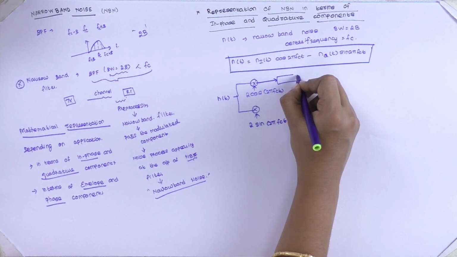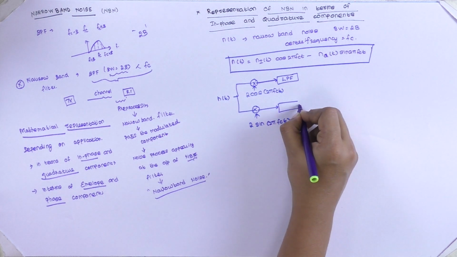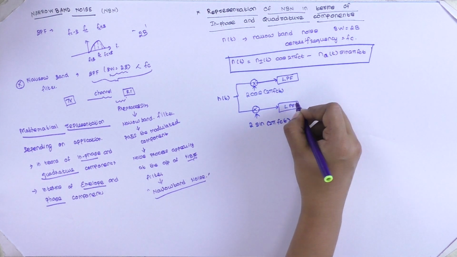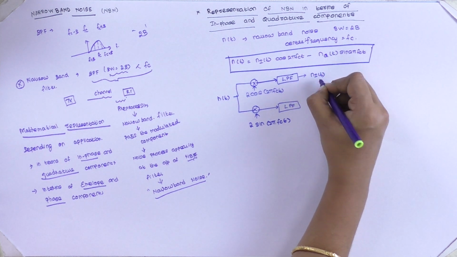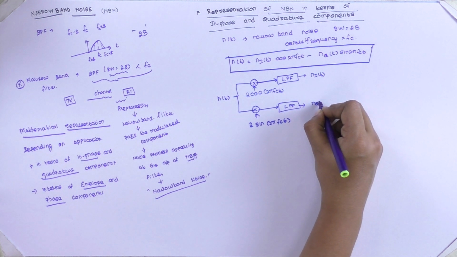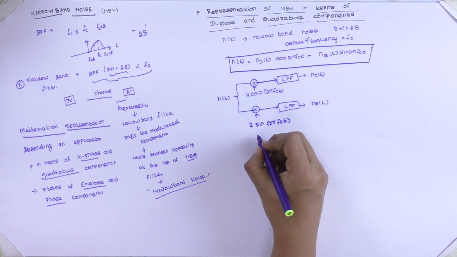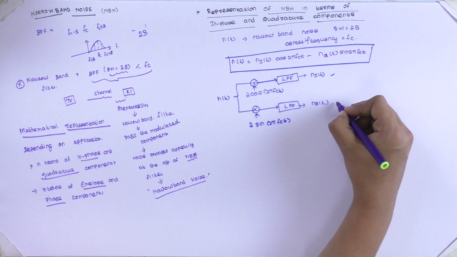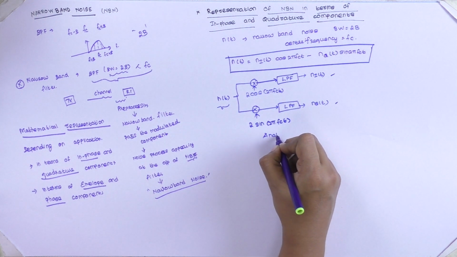Each is passed through a low pass filter. The output at the end of the low pass filter is Ni of t, and this is Nq of t, the in-phase component and the quadrature component. This is referred to as the extraction of the in-phase and quadrature components from N of t, or also the analyzer section.